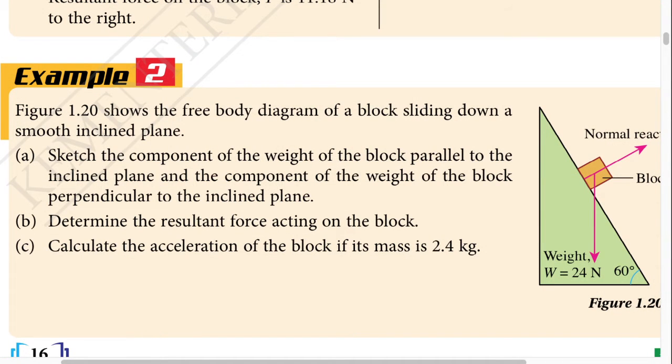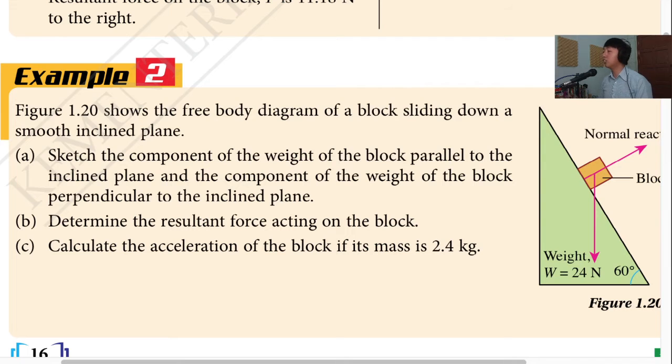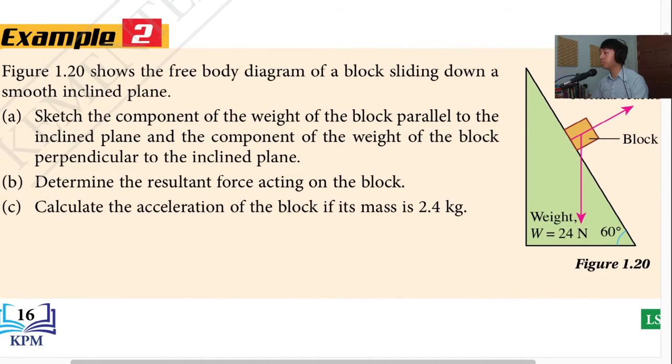For this question, you really have to read carefully. It took me a few times of reading to make sure that I got the correct sketch. Once you have the correct sketch, you determine the resultant force and calculate the acceleration.